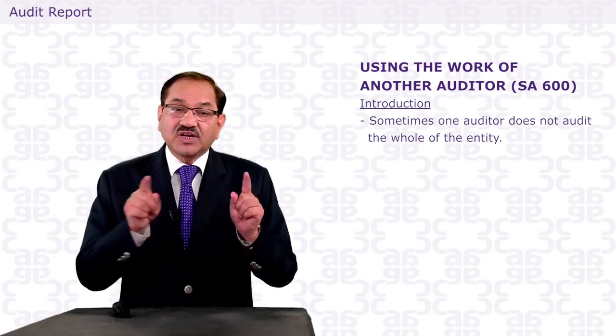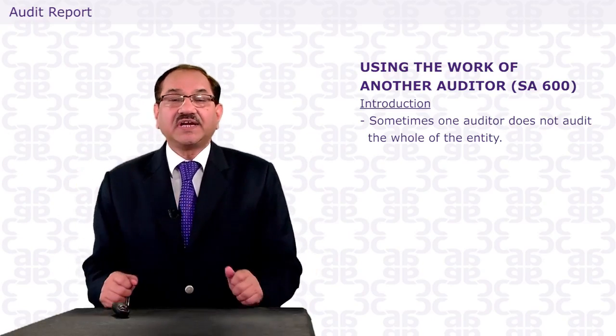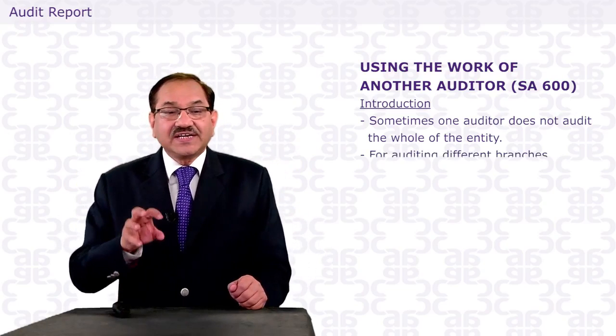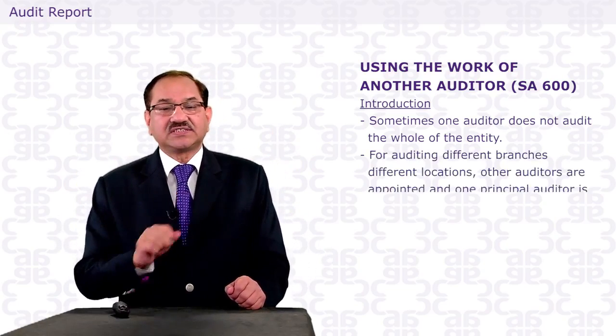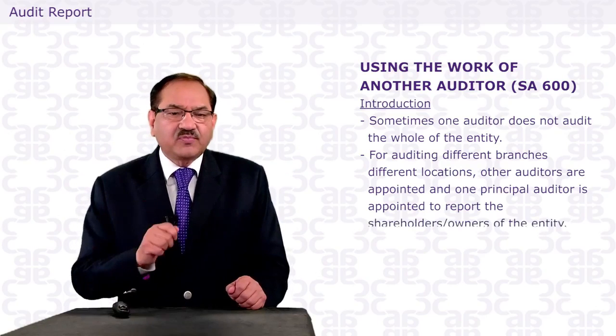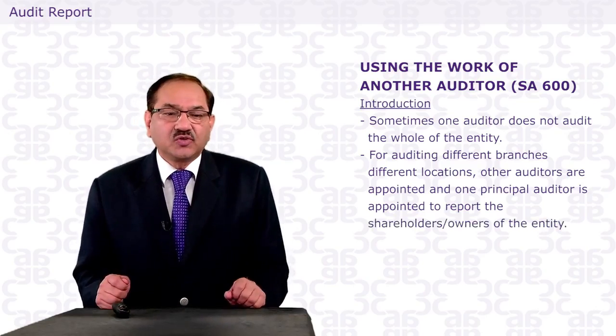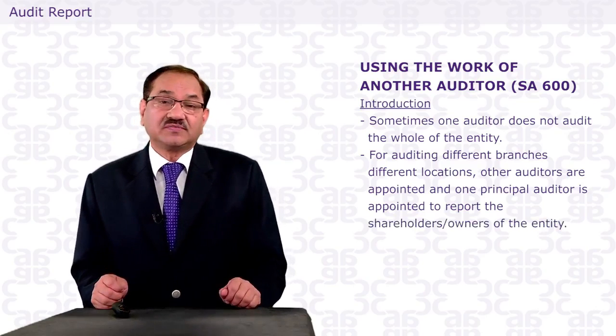So sometimes one auditor does not audit the whole of the State Bank of India. For auditing different branches and locations, other auditors are appointed, and one principal auditor is appointed to report to the shareholders, the owners of the entity.